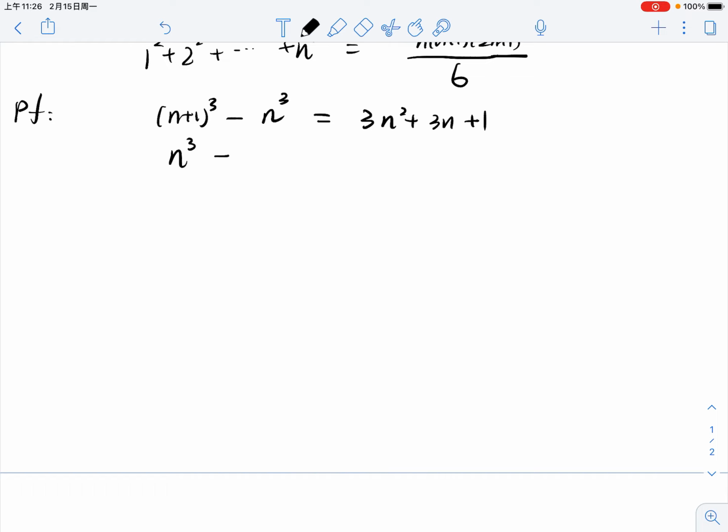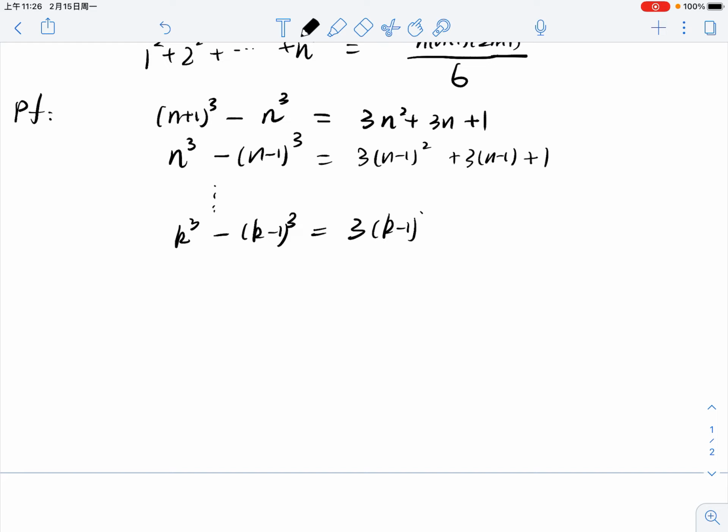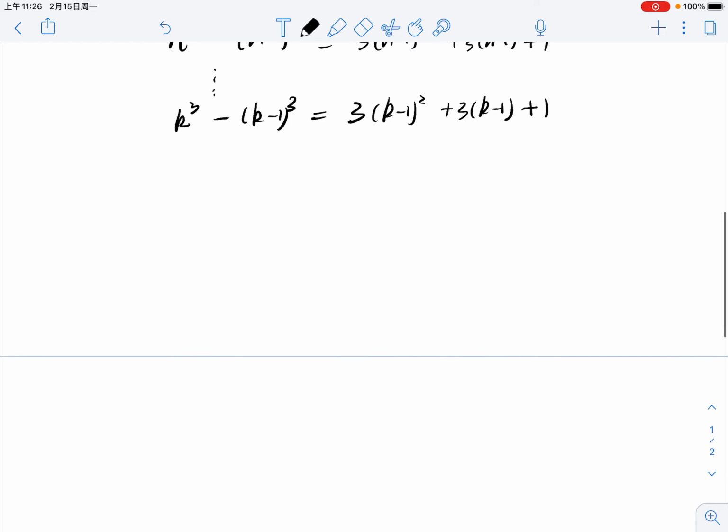If you have n cubed minus (n minus 1) cubed, you have 3(n minus 1) squared plus 3(n minus 1) plus 1. Keep on going, you have k cubed minus (k minus 1) cubed equals 3(k minus 1) squared plus 3(k minus 1) plus 1.